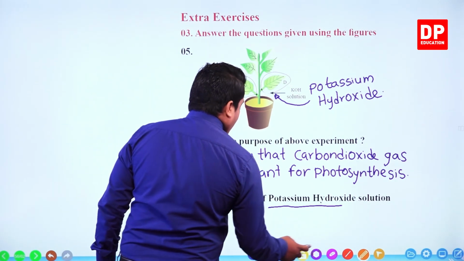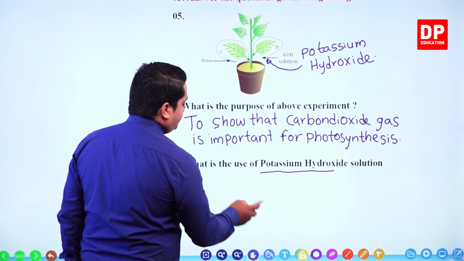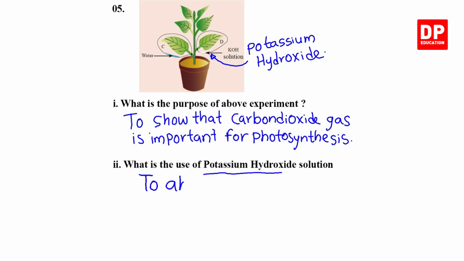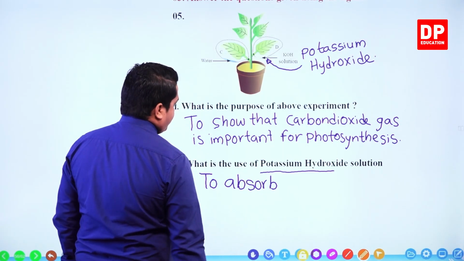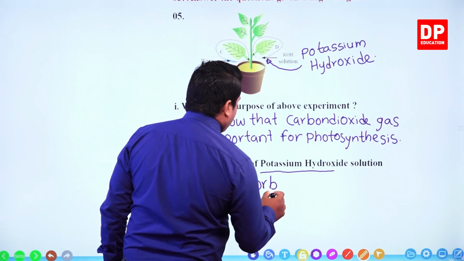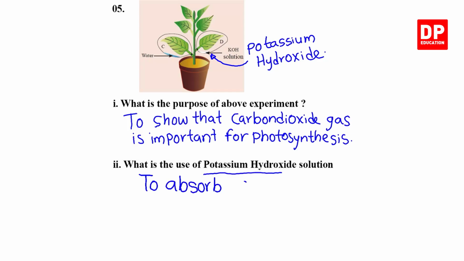So the use of potassium hydroxide, not carbon dioxide, is to absorb carbon dioxide gas from the polythene bag.